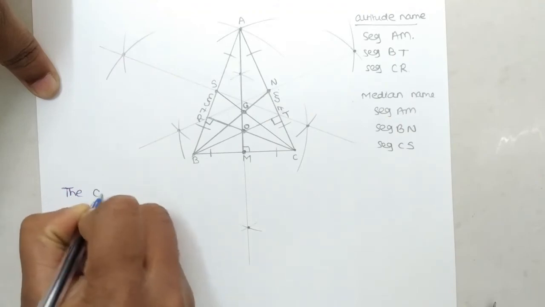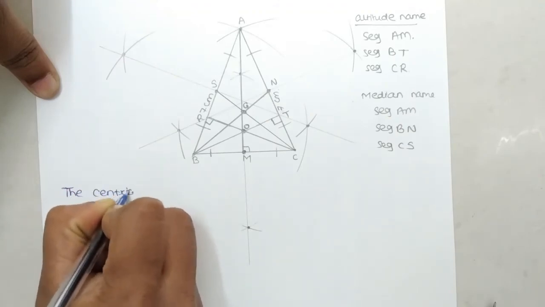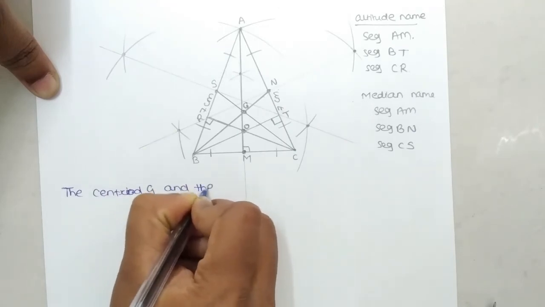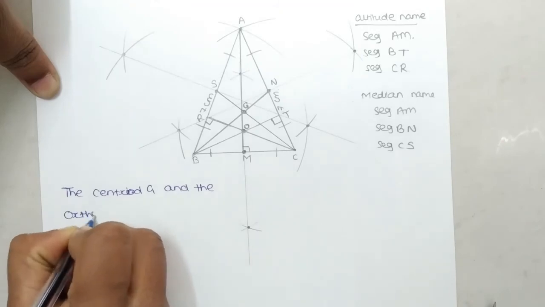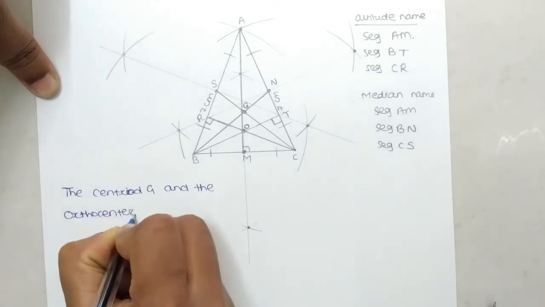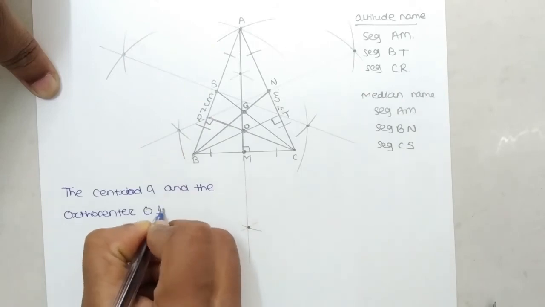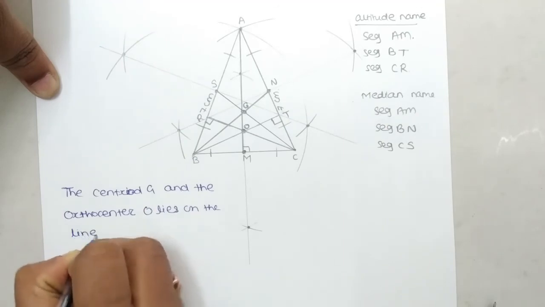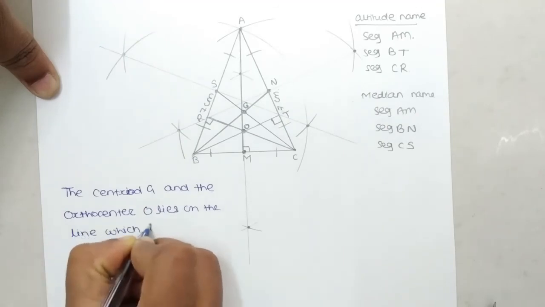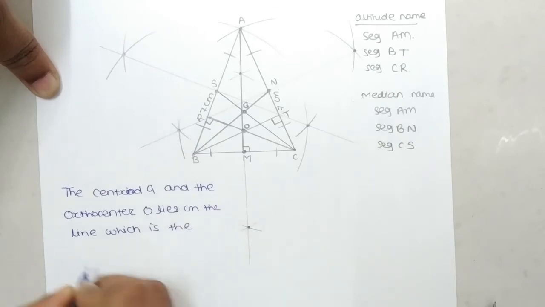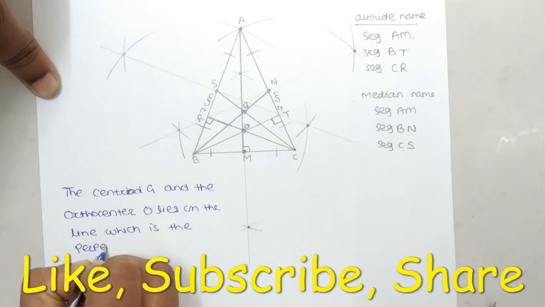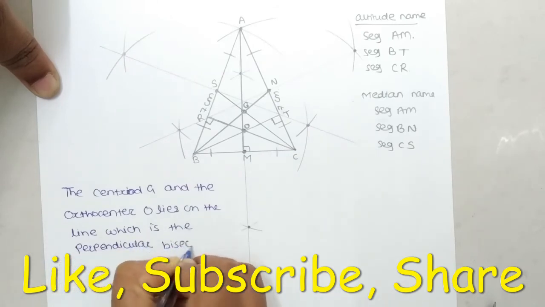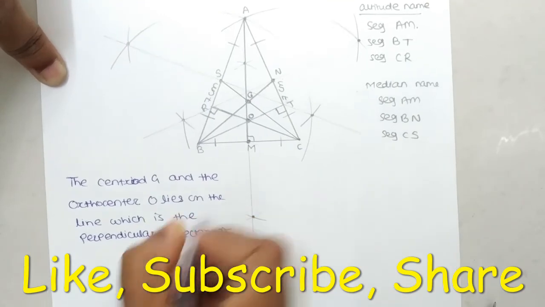The centroid G and the orthocenter O lie on the line which is the perpendicular bisector of base BC.